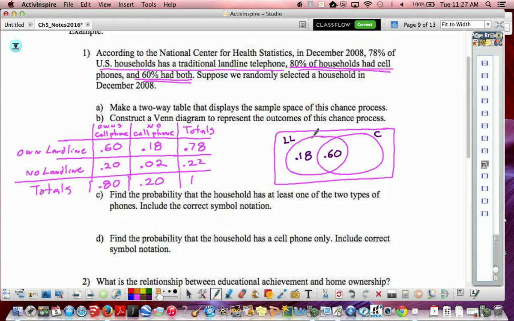Here's cell phone but no landline. What one is that? 0.20. And then outside here, no landline, no cell phone: 0.02.